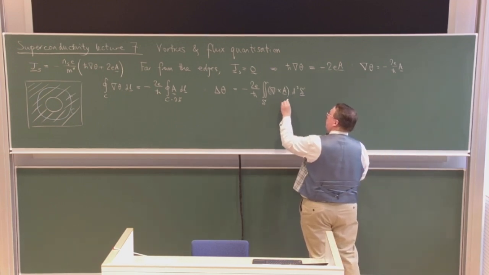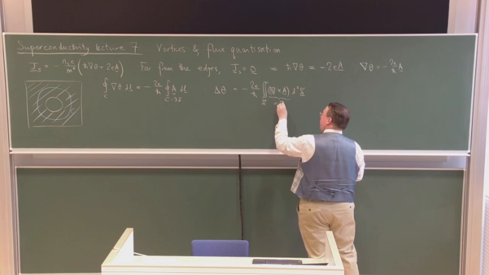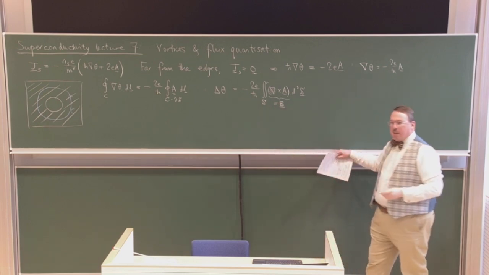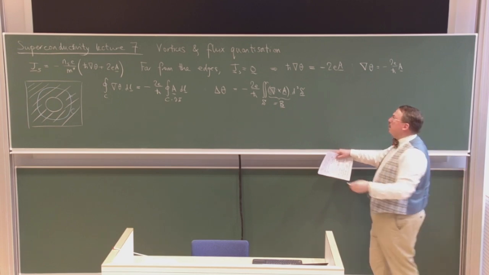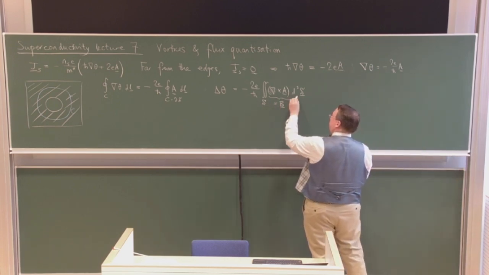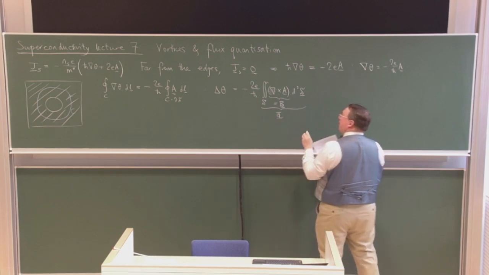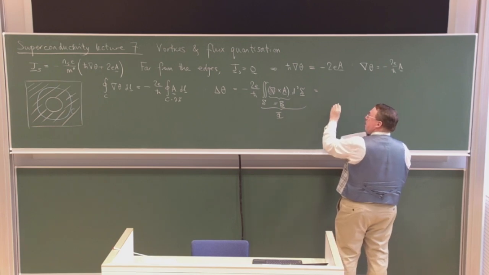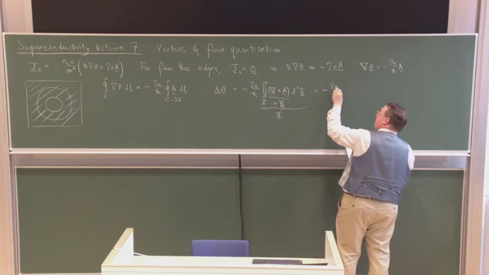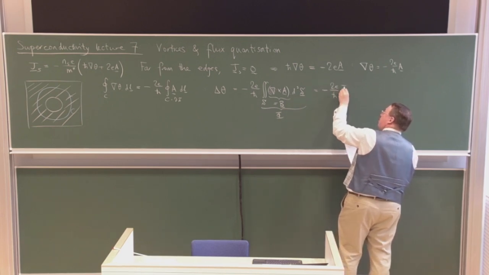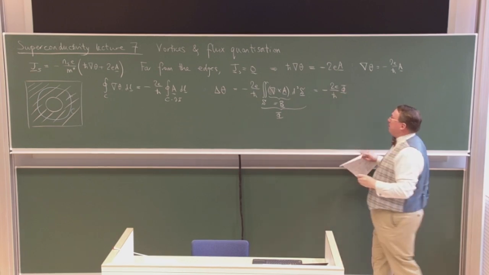But of course we know that curl of the vector potential is just the magnetic field. And so the flux of the magnetic field through the surface is the magnetic flux. And so this is minus 2E over h bar times the flux threading the loop.